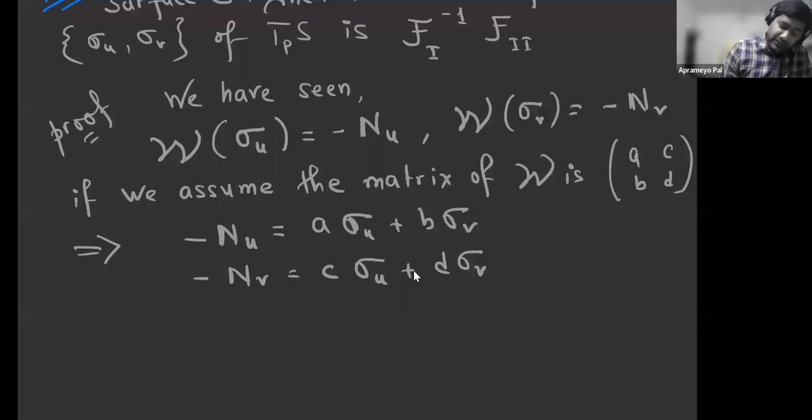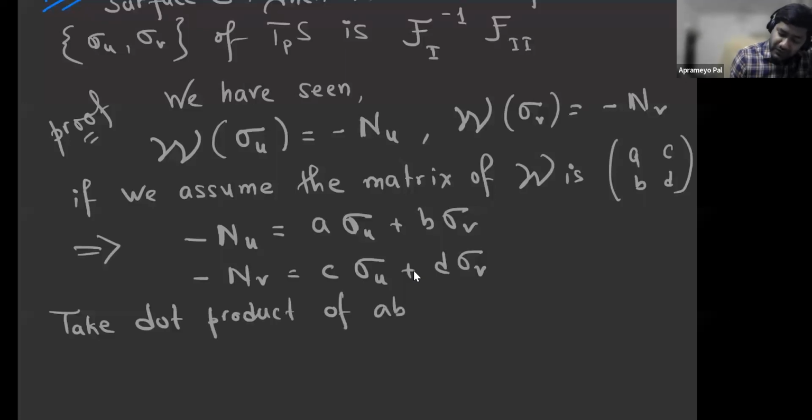That's nice. Now I hope you get the usual technique of proving something, because the definitions of the first and second fundamental forms are dot products with sigma u and sigma v. So what's the natural way? We again take the dot product of the above equations with sigma u and sigma v.